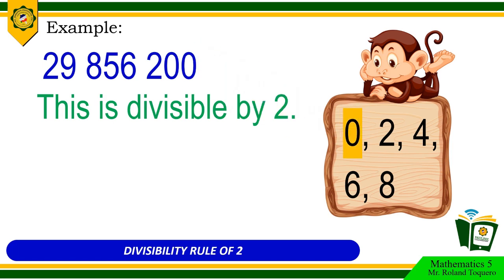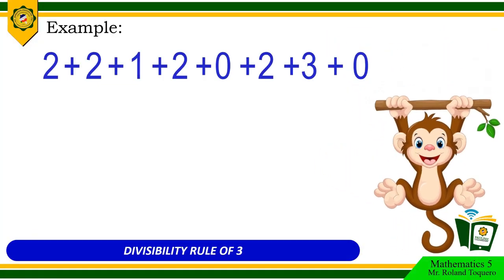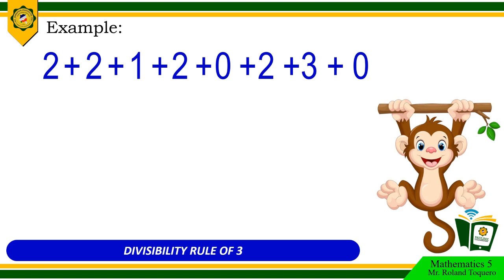How about this example? How do you know if 22,120,230 is divisible by 3? You need to add all the digits. If the sum of all the digits is divisible by 3, then the whole number is also divisible by 3.